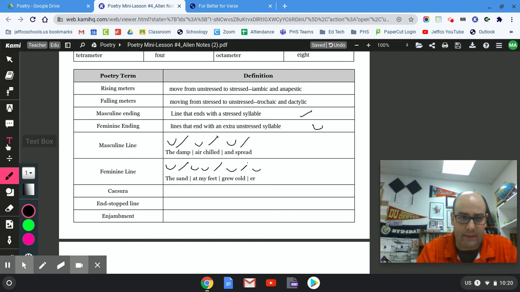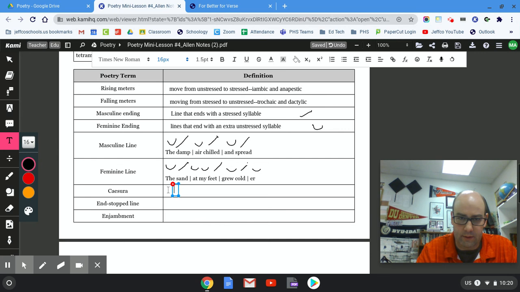So now we have a caesura. So a caesura is a pause in a poetic line. And that usually happens with punctuation. So we're talking at periods, we're talking question marks, we're talking exclamation points and semicolons.